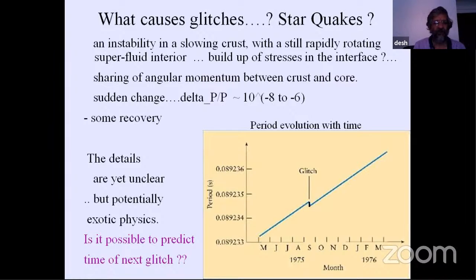And while they share the angular momenta, you will find the apparent period shortens, and then it recovers or continues. So essentially some stresses are released, and the amount of that relaxation decides when the next glitch will occur.